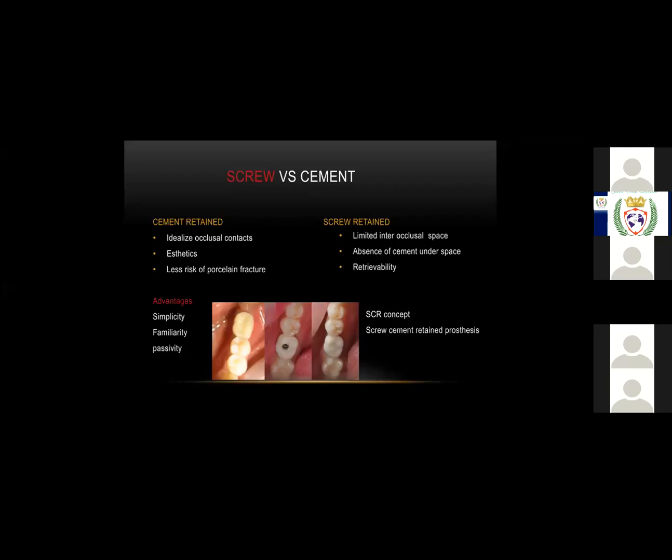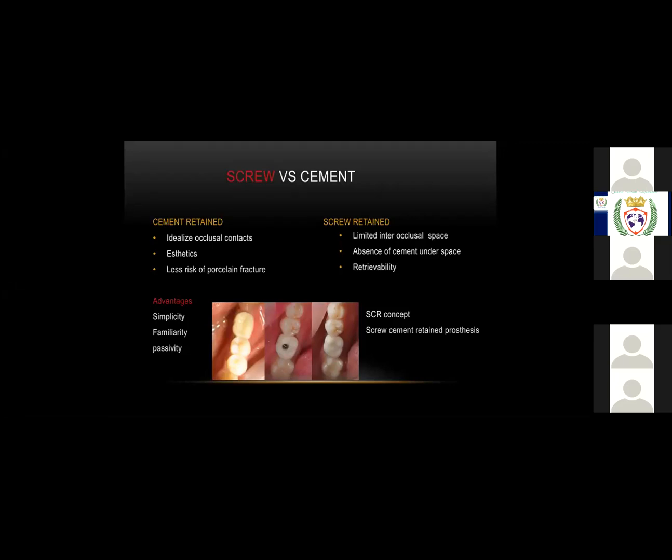Retrievability is a good point for screw retained crown. So when they ask which is good, cement or screw retained. See, when I started implant practice way back in 2004 or 5, we started with cement retained crowns. Eventually, when the cases used to come back to us, for example with small prosthetic screw loosening, we had to remove the crown and tighten the screw.